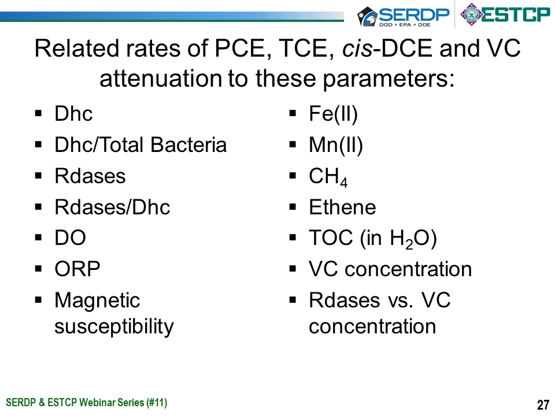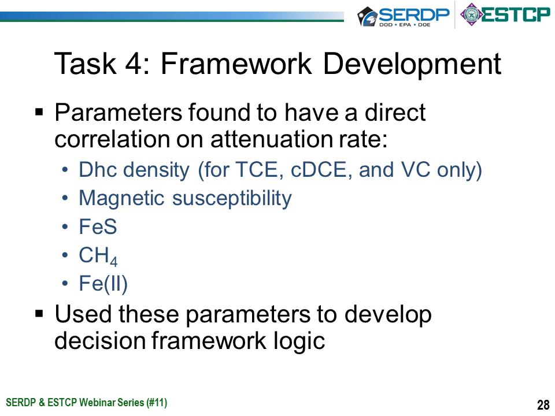We did this analysis for all of these parameters. We related the rates of attenuation of the individual VOCs to Dehalococcoides densities, etc. And we produced numerous distribution charts. At the end of that exercise, there were only a few of these parameters that we realized really impacted the attenuation rate.